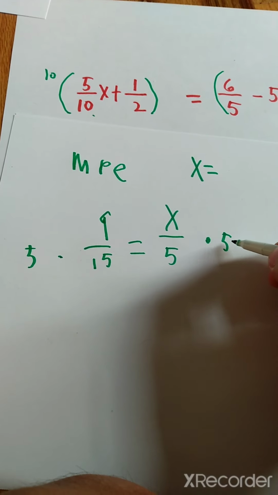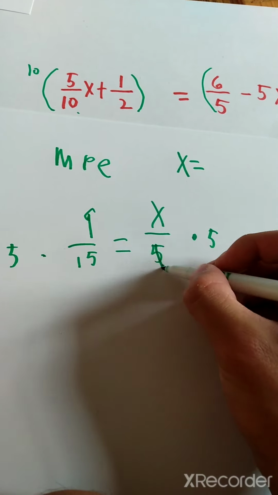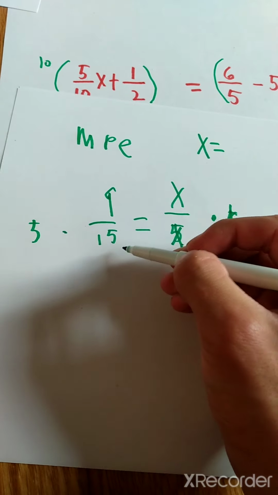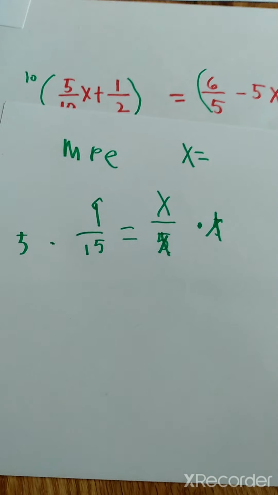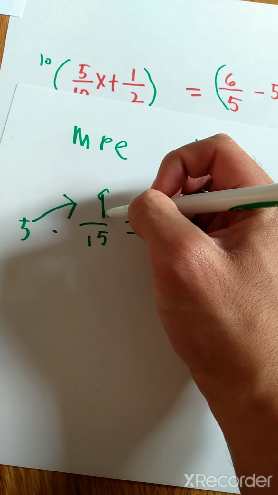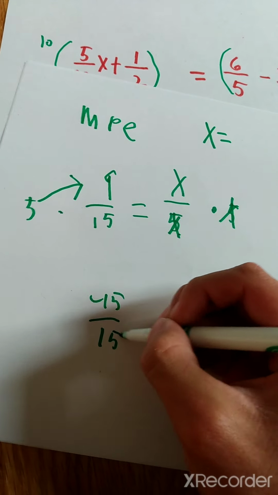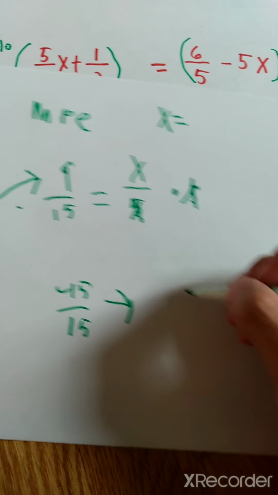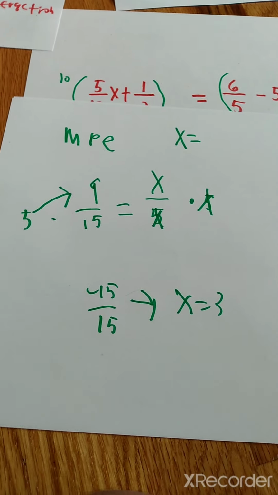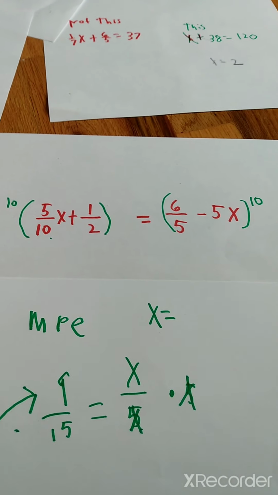So when we find a denominator and when we multiply by 5, these two cancel out to get x alone. And we have 5, and then that 5 gets multiplied by the numerator, making it 45 over 15. And if we simplify that, we get our answer as x equals 3. So there is a similarity between MPE and busting the fractions.